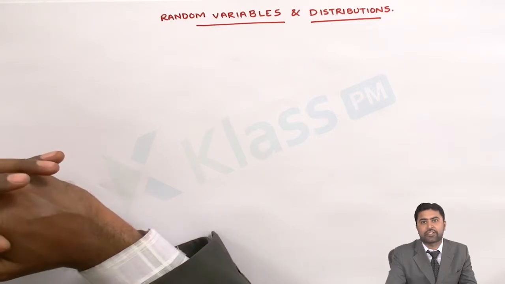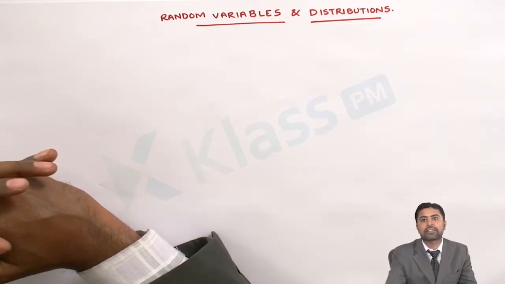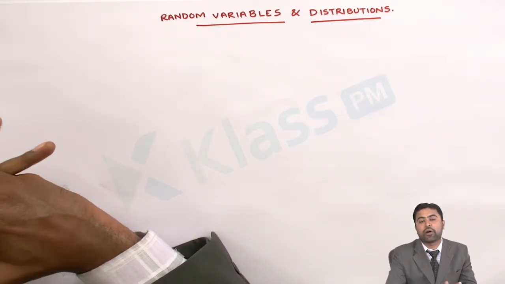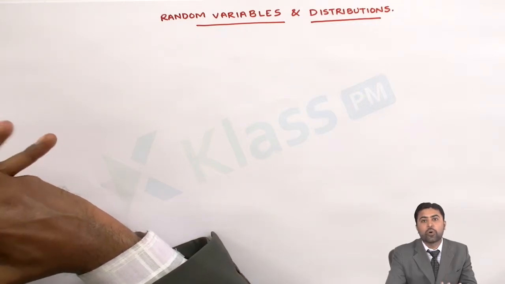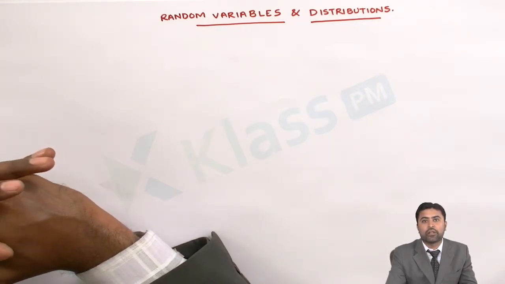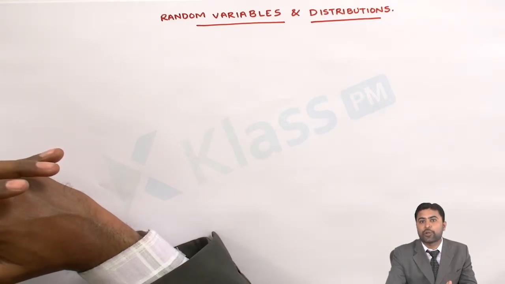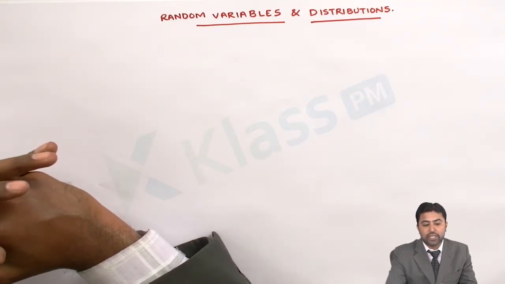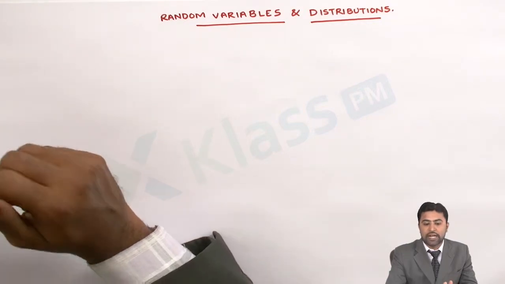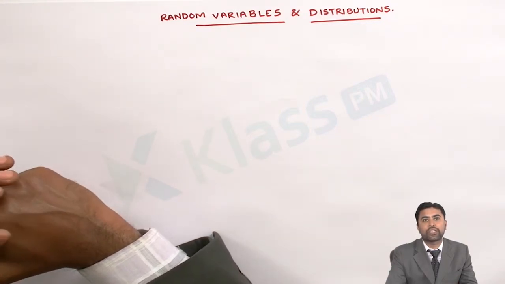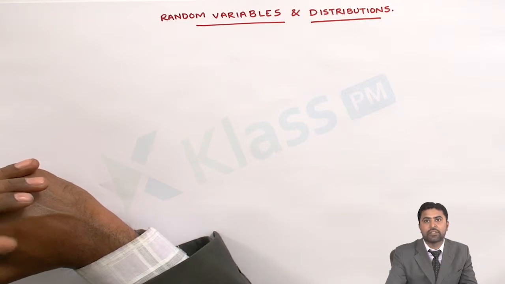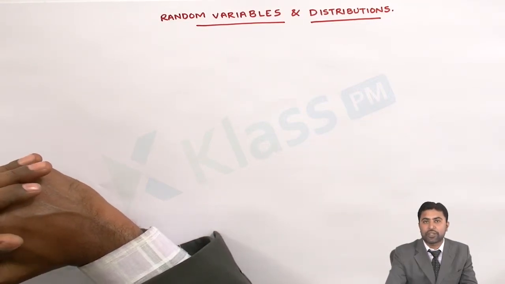At every stage they are going to use statistics in one form or the other. So the engineer needs to learn about inferential stats. This is used in our day-to-day life, knowingly or unknowingly. Now we'll see the importance of random variables and different types of distributions in this particular unit.